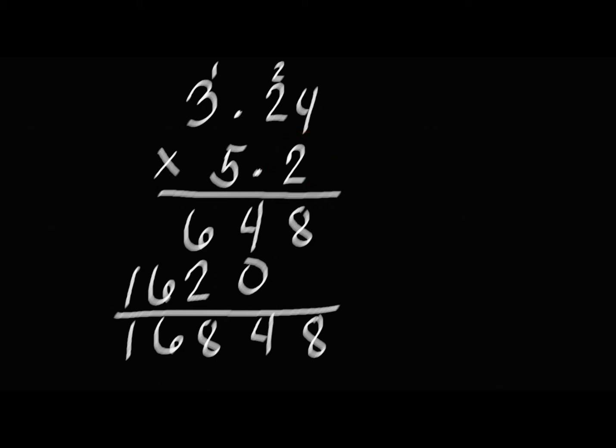So in our product, there must be 3 decimal places. To have that, our decimal point should be placed here so that we will have 3 decimal places in our answer. Our final answer in this problem is 16 and 848 thousandths.